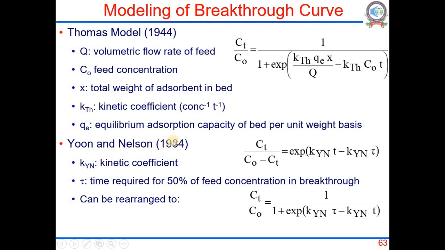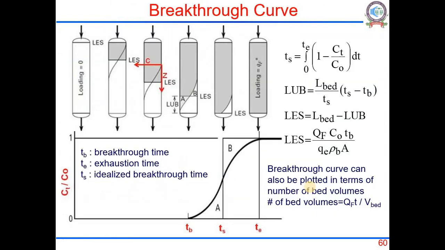Yoon and Nelson model, 1984. Again, the model is CT divided by C0 minus CT is equal to exponent of kYN, that's a kinetic constant, into time minus kYN divided by tau. Tau is the time required for 50% of the feed concentration in breakthrough. That means in terms of the dimensionless values, if you say 0.5 here, the value here would be tau.